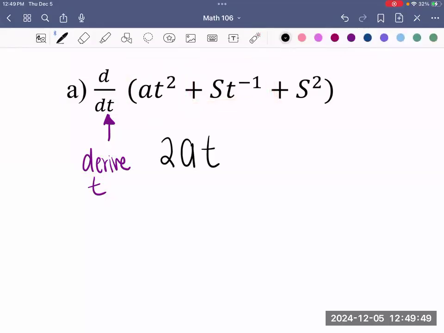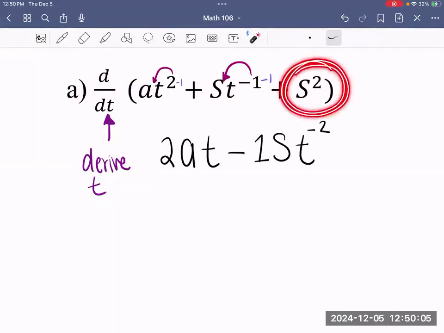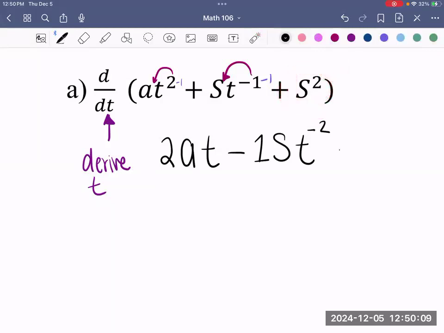When we drop, we drop the negative and then subtract the 1, just like we did here. Drop the negative 1, so t is now to the negative 2. Now this one, because it does not have a t, is acting as your coefficient. So you could say plus 0 or just leave it off entirely.